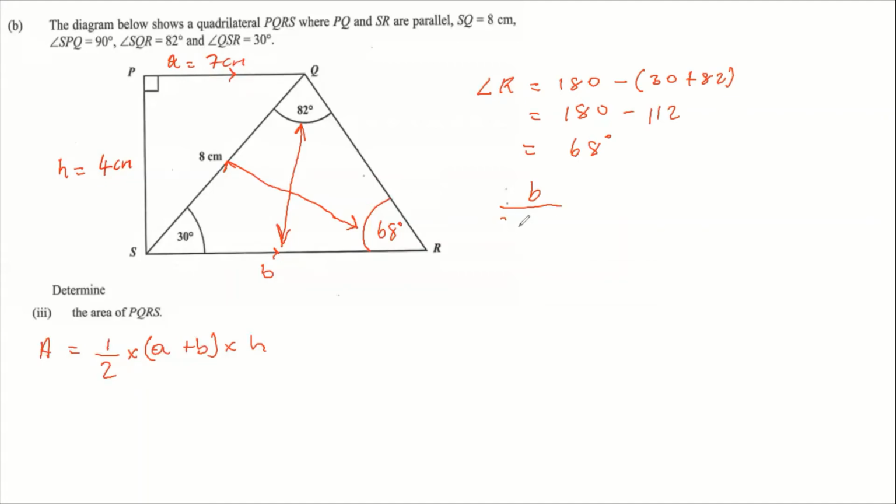So it's going to be B over sine of 82 degrees is going to equal this length, which is 8, over what? Over sine of 68 degrees, right? So we use this to solve for B, which is the unknown that we want to find. So it's just a matter of putting it on the calculator.